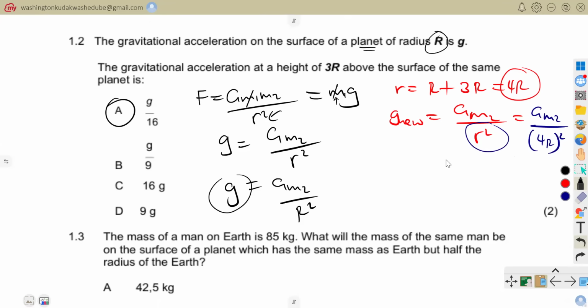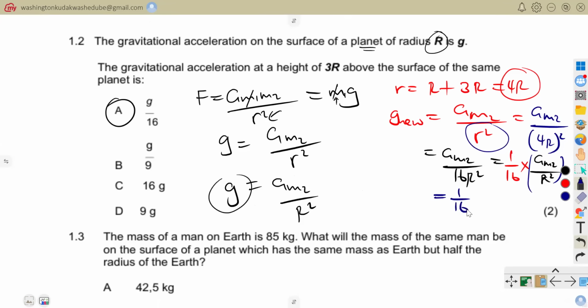So now the new g will be given by g m2 all over 16r squared, which is the same as 1 over 16 times g m2 all over r squared, where we have seen that this represents what? G. So I would substitute g there.